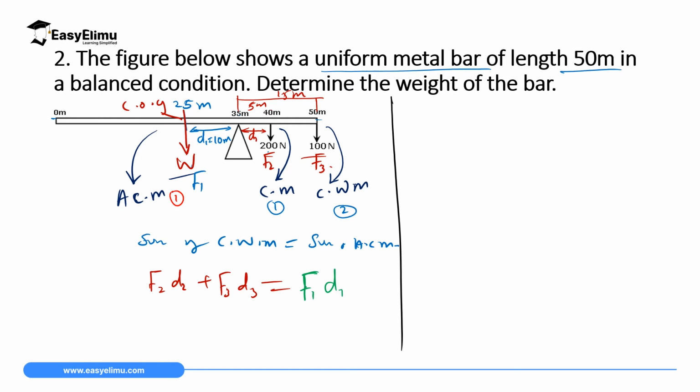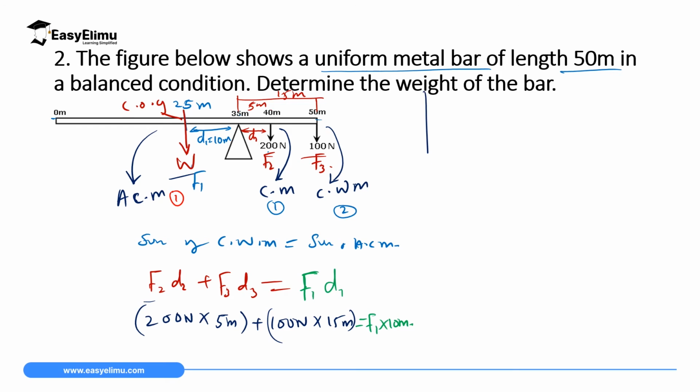If we replace with the forces that we have there, it's going to be 200 newtons times 5 meter, plus another clockwise moment, 100 Newton times the distance of 15 meter. These are clockwise moments. Then they will be equal to the anti-clockwise moment, that is F1 times the distance from F1, that is W, to the pivot, 10 meter.